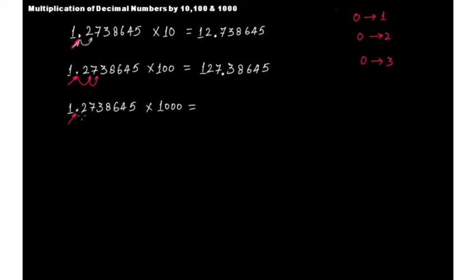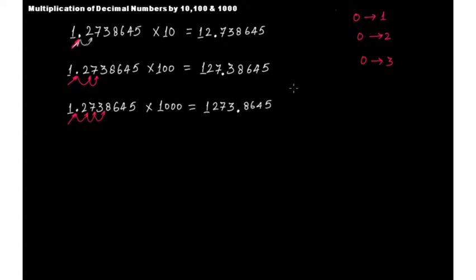We will jump or move this decimal point 3 times towards the right. So this is the first time, this is second time, and this is third time. So after the third digit it will come here. 1273, that is 1273 point, right? Then 8, 6, 4 and 5.